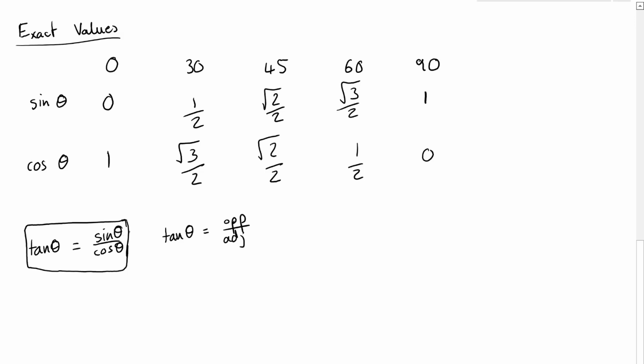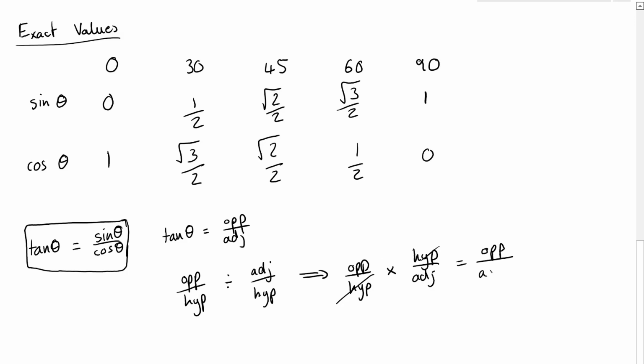And that's because sine of theta is the opposite divided by the hypotenuse, and if we divide that by cos of theta, which is the adjacent divided by the hypotenuse, when we divide fractions, this becomes the opposite over the hypotenuse times the hypotenuse over the adjacent, and then the hypotenuses cancel, and so we just get that sine theta over cos theta is opposite over adjacent, meaning that that must be equal to tan theta.